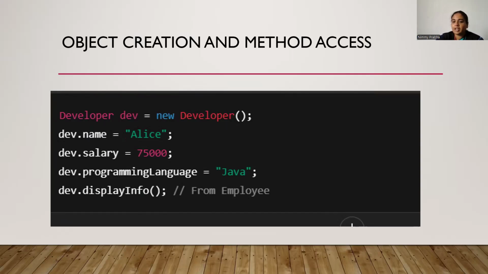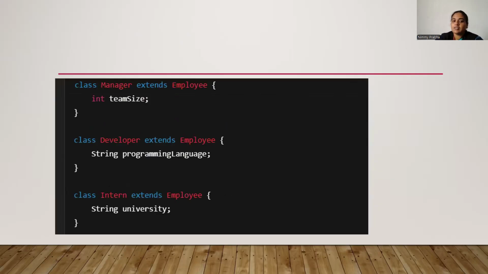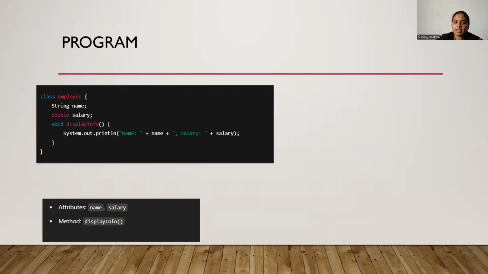In the Developer class, we only declare the String programming language, but it extends the Employee class. In the Employee class there are name, salary, and display information, so in the Developer class these attributes are there, and we can use the method also. Whatever is in the Employee class, we can use in the child class also.